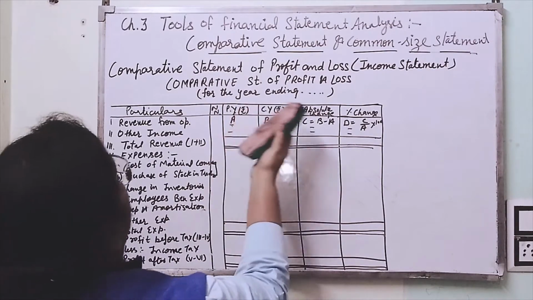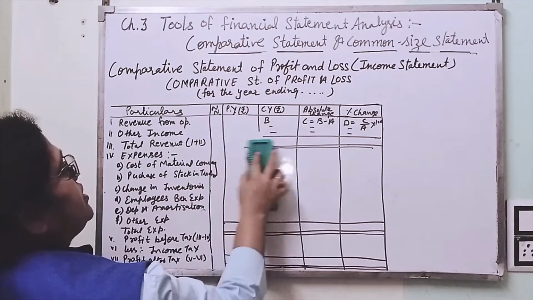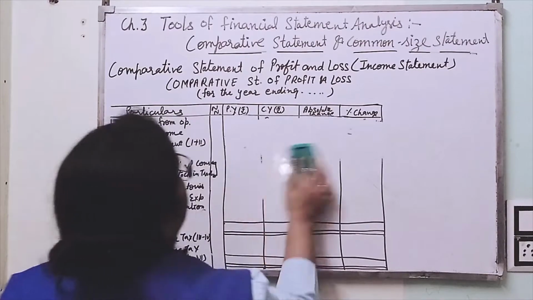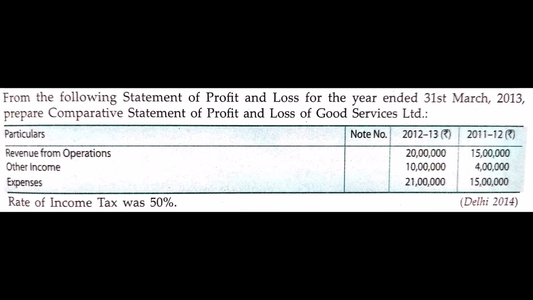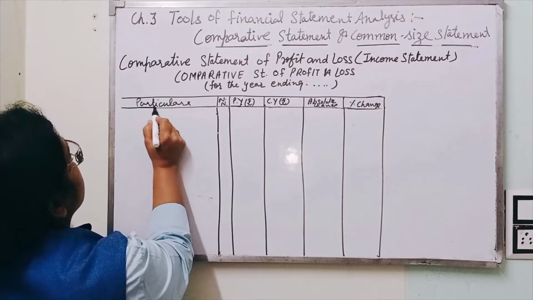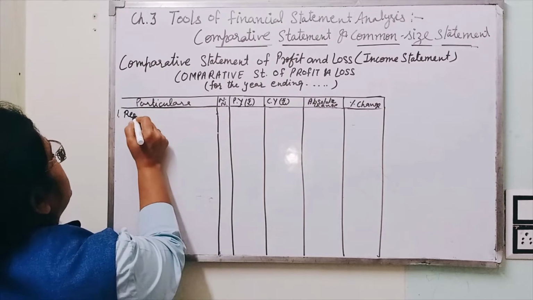I will put the amount in this statement of profit and loss. First is revenue from operation.